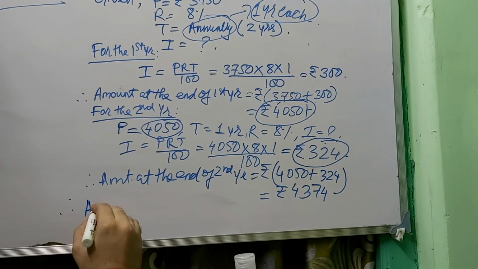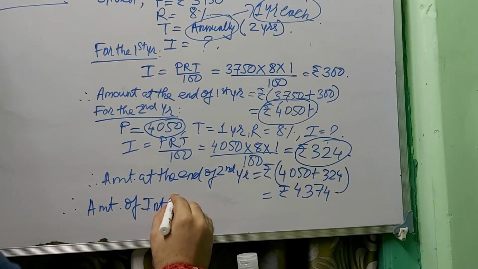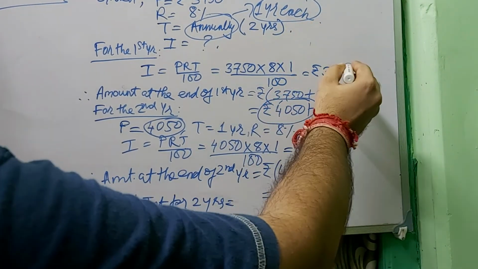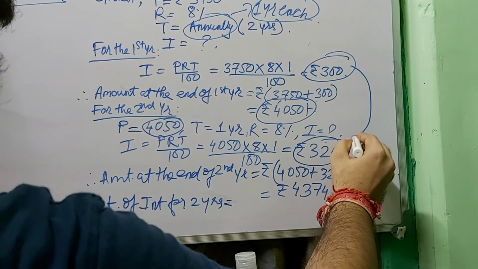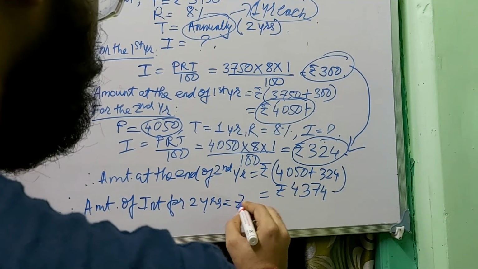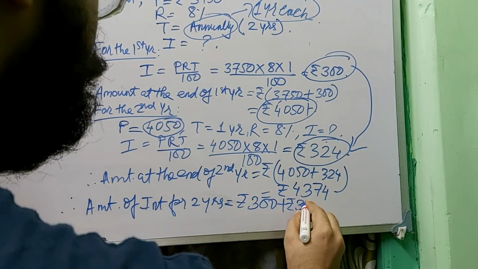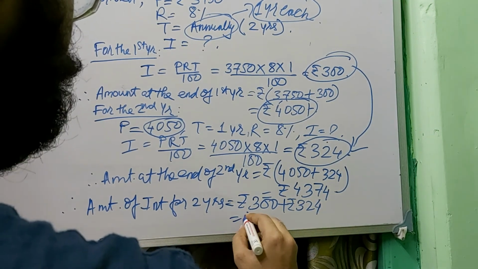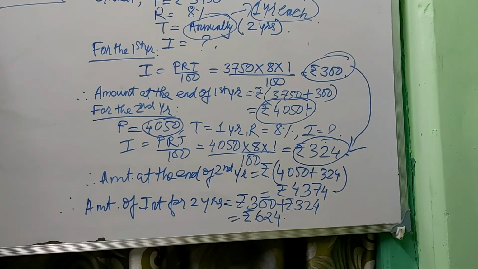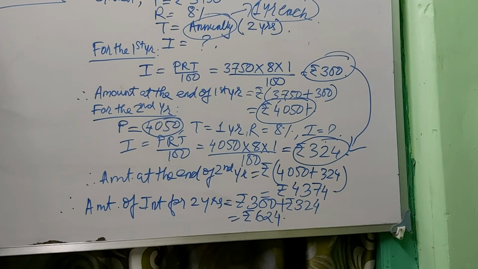Therefore, the amount of interest for 2 years will be the sum of both: rupees 300 plus rupees 324. You will get the amount of interest as 624. This is your solution of the first problem. Okay, girls?